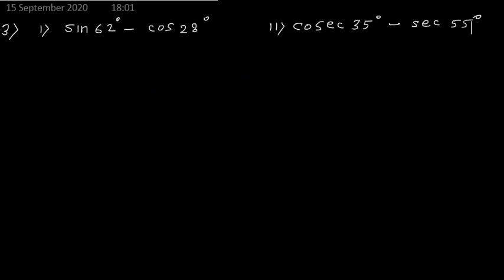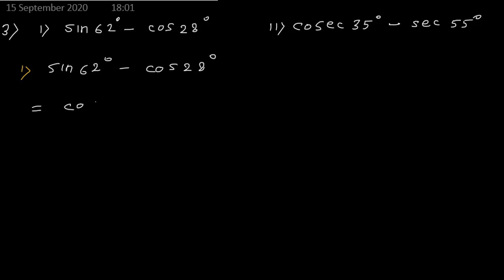Now let us solve one more problem. We have to find sine 62 minus cos 28. So first problem, let us solve: sine 62 degree minus cos 28 degree. What we do? We change this sine into cos.